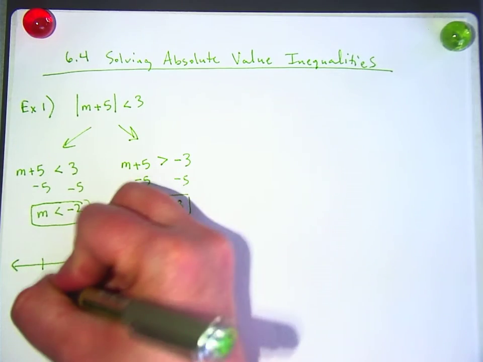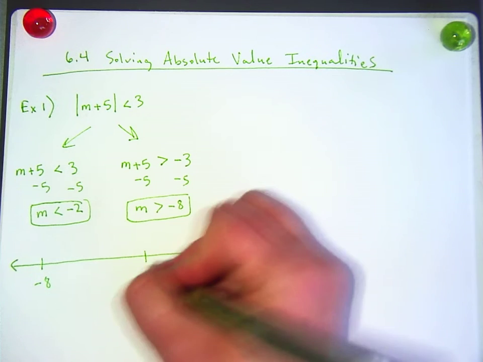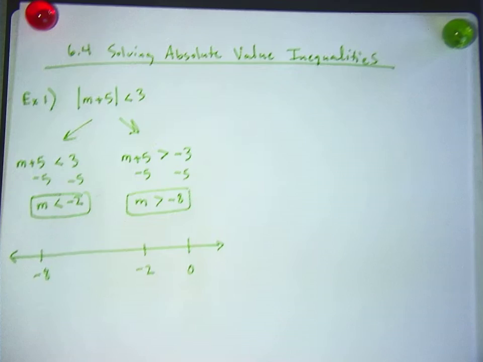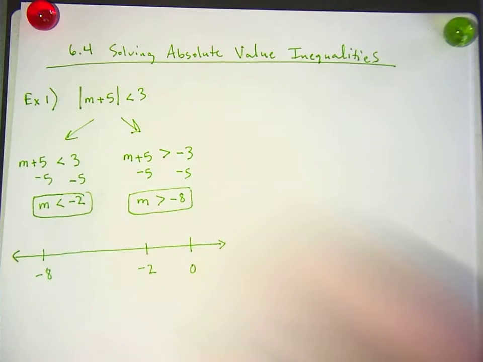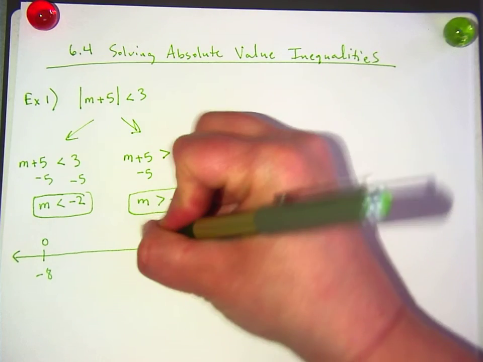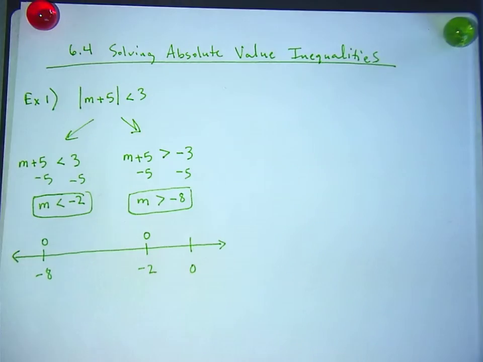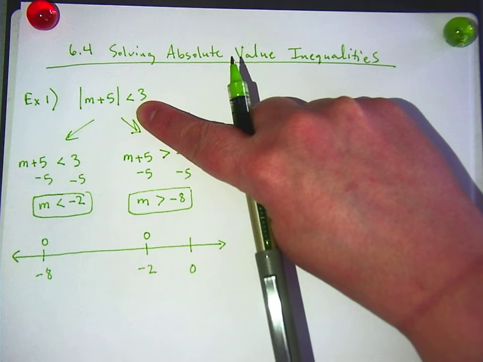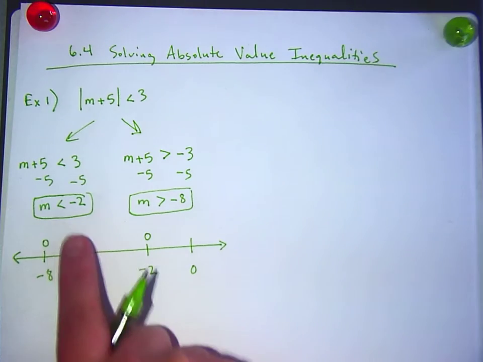Here's negative 8, here's negative 2, here's 0. Open or closed? Open. They're both open. By the way, absolute value problems, since they start from one problem, they're both going to be closed or both be open every time.